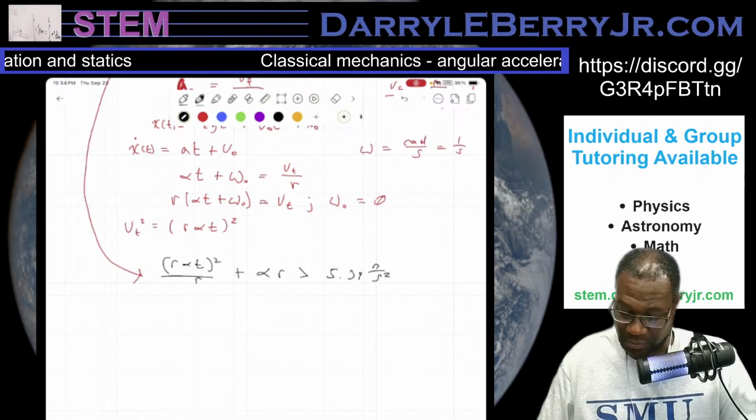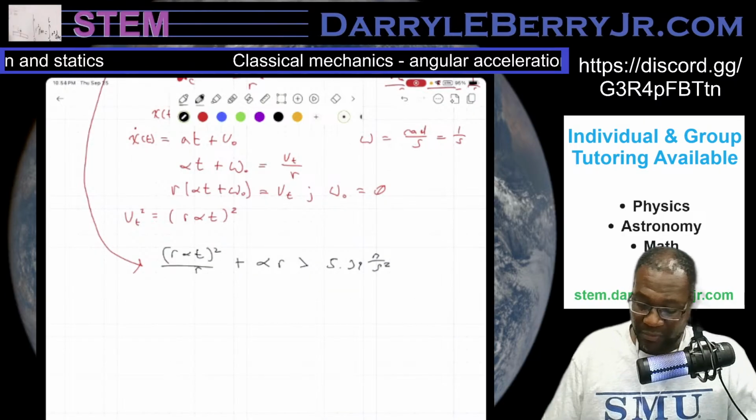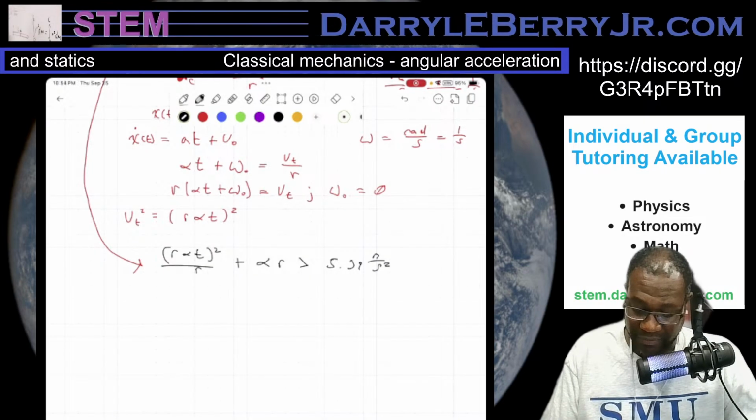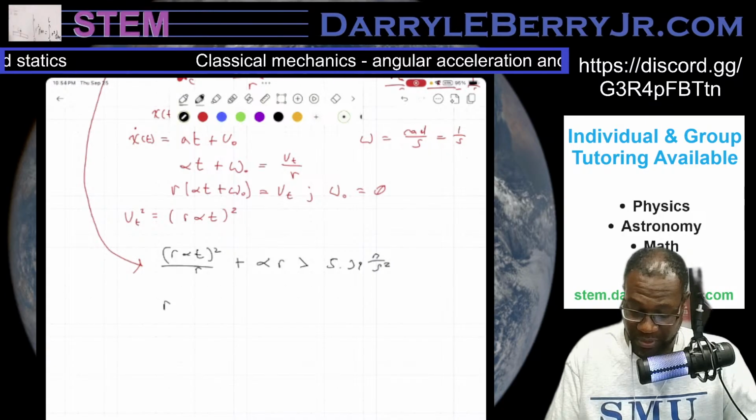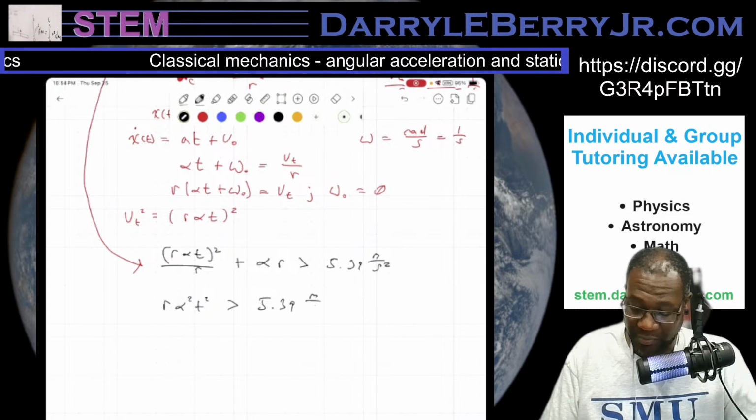Right, everything looks good, I believe. So I only have time in the first part. So what I'll do is I'll solve for t. I'll say that r. So I'm going to cancel out the r's there. A squared t squared must be greater than 5.39 meters per second squared minus AR.